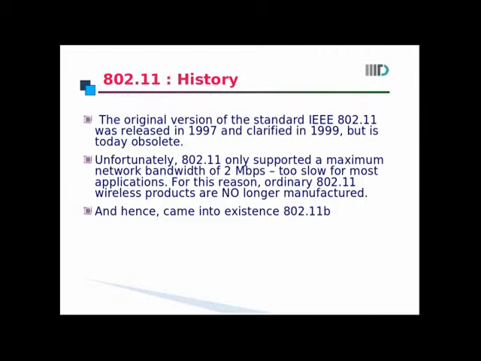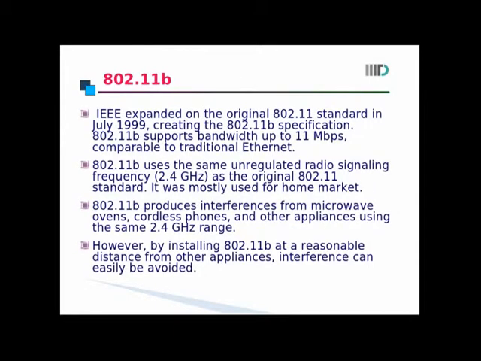So now after 802.11 became useless, 802.11b came into existence. 802.11b was the first improvement over the 802.11 standard defined by the IEEE in 1999, and now it could support up to 11 Mbps of bandwidth, which was a huge advantage over 2 Mbps.